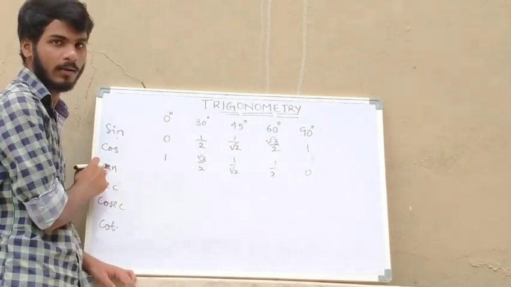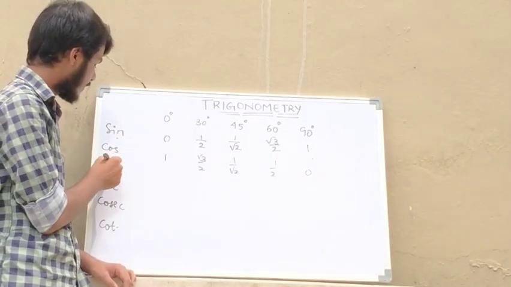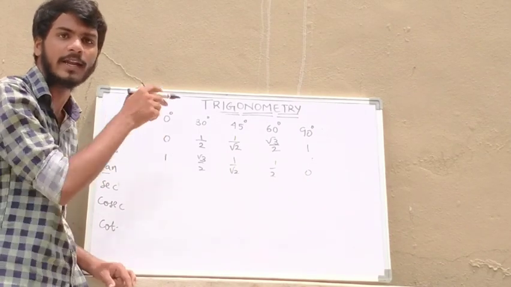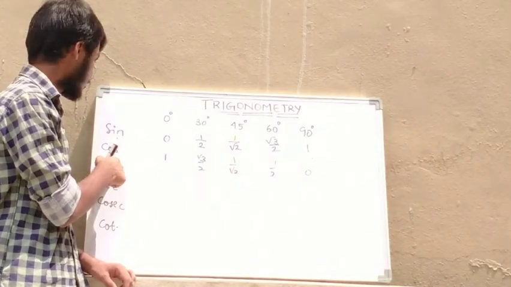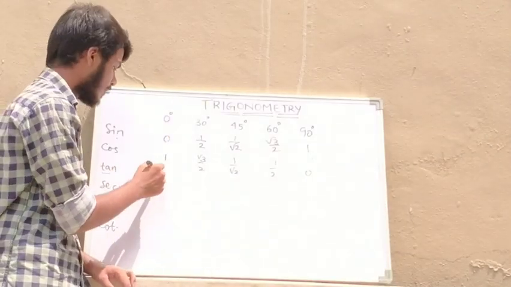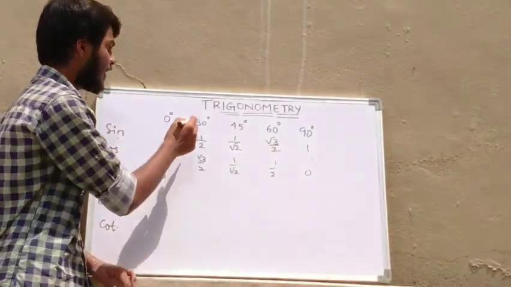Next, tan. What is the value of tan in terms of sin and cos? Tan A equal to sin A by cos A. So sin by cos, 0 by 1, which is 0.